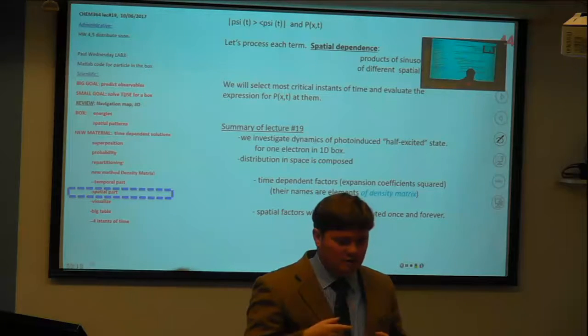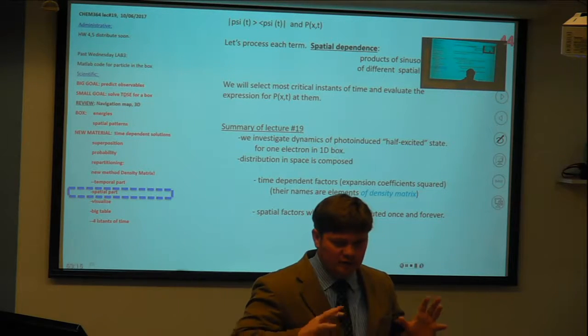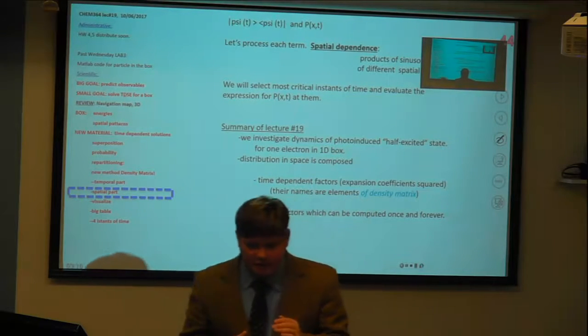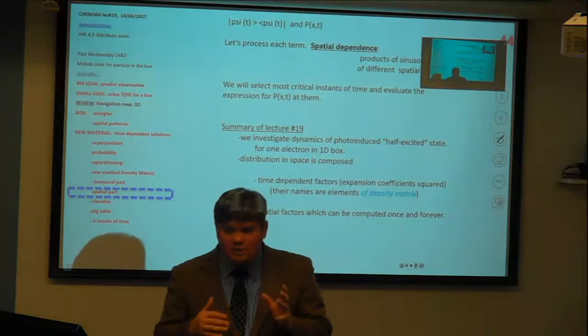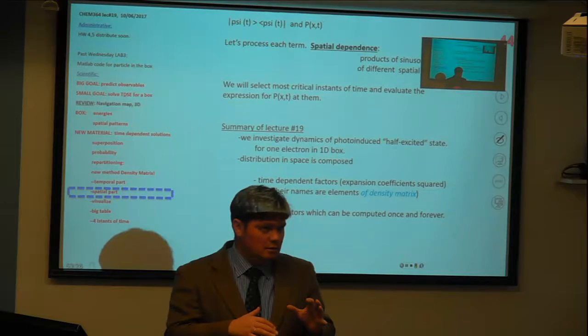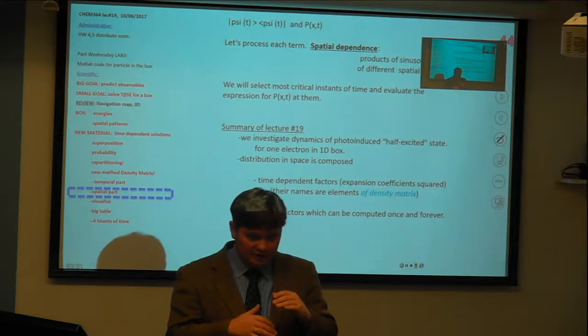And then we decided to move on from the time-independent domain to the time-dependent domain, which makes sense only if you have a system in a non-eigenstate, if you have a summation, a superposition of several eigenstates.